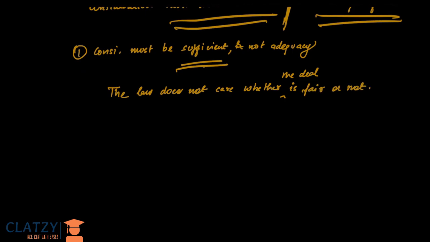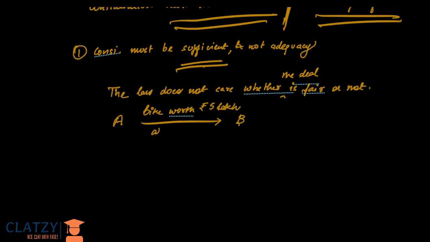And we'd seen one example yesterday. A selling his bike worth rupees 5 lakh to B at rupee 1. So A offered to sell his bike which is worth rupees 5 lakh to B at just rupee 1. So B is supposed to pay just rupee 1 to A for the bike which costs around 5 lakh rupees.